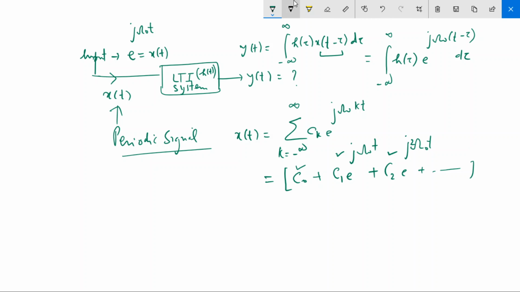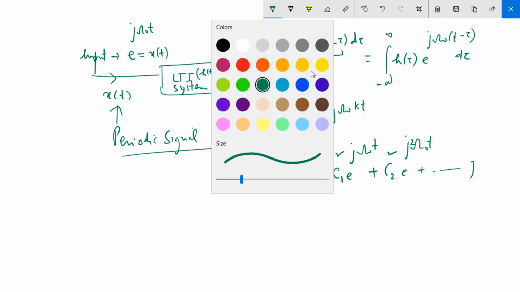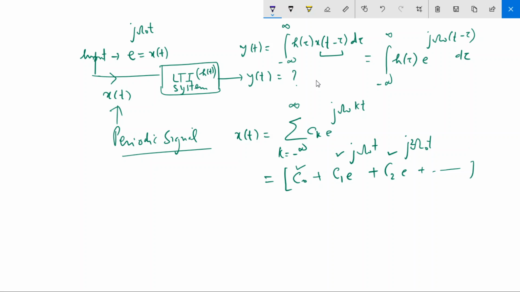And this will finally become the integration of h(τ) e^(jω0t) multiplied with e^(−jω0τ) dτ.